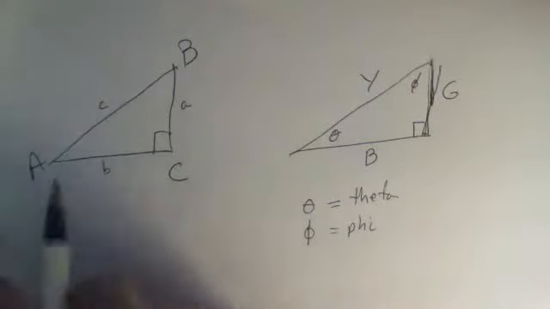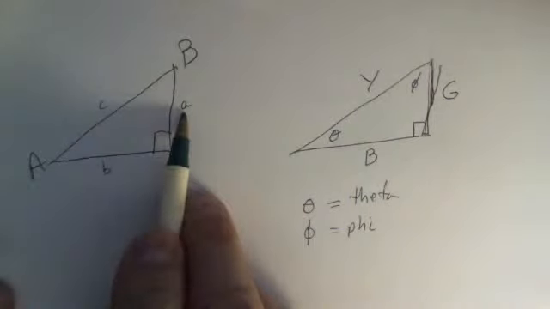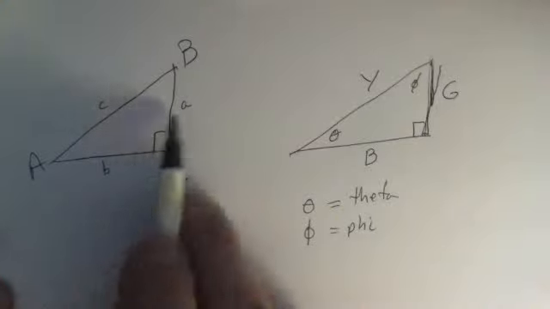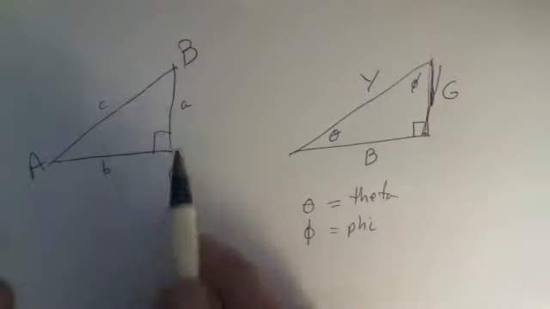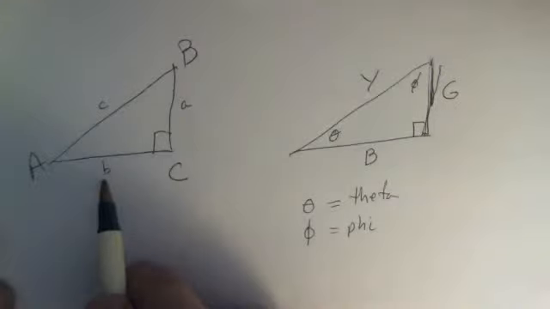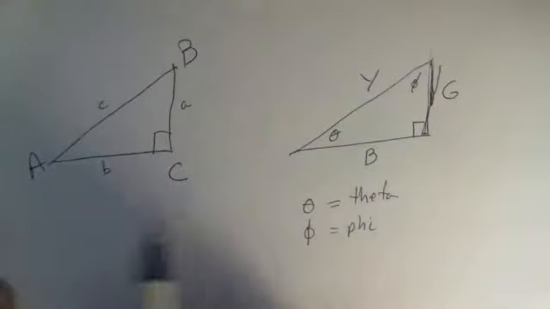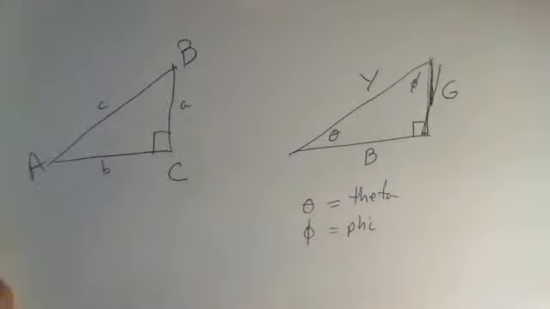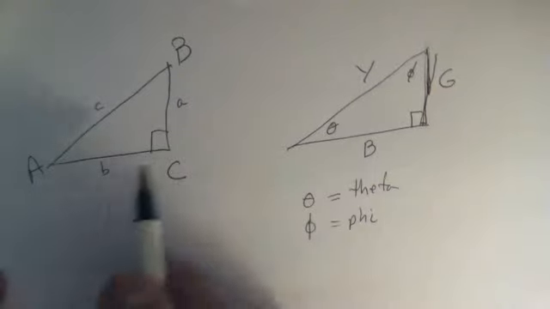If A is the smallest angle, then little a, which is opposite angle A, has to be the smallest side. That's what we mean by opposite, it kind of points to it. And if B is bigger than A, then this side is bigger than that side.